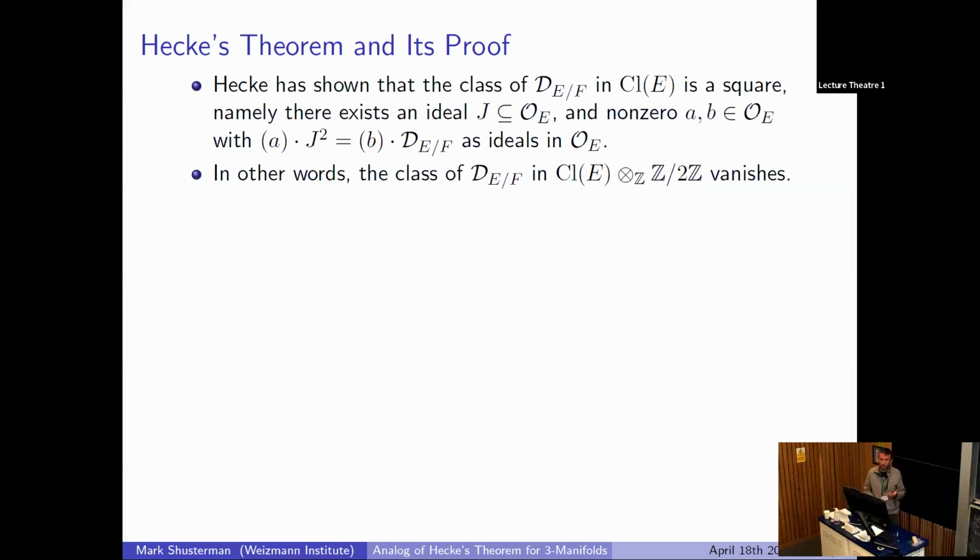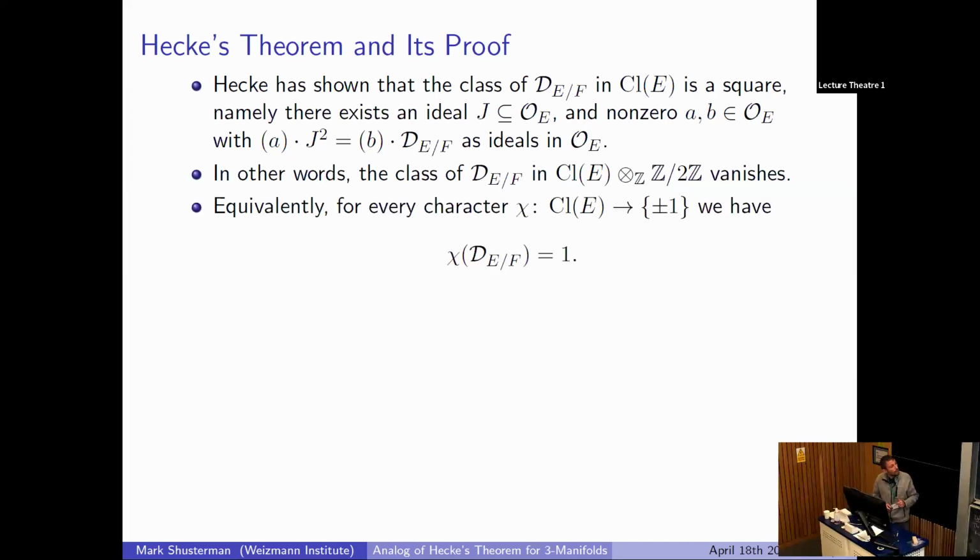So of course, saying that something is a square in an abelian group is like saying that it's trivial when you pass to the maximal elementary abelian two quotient. And here is another equivalent way to say this. If you take any quadratic character of the class group, or of the class group when you tensor by Z mod 2Z, it doesn't matter because it's the same characters, then when you apply this character to the different, you get 1.